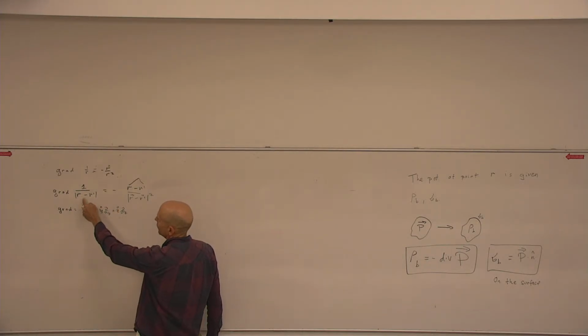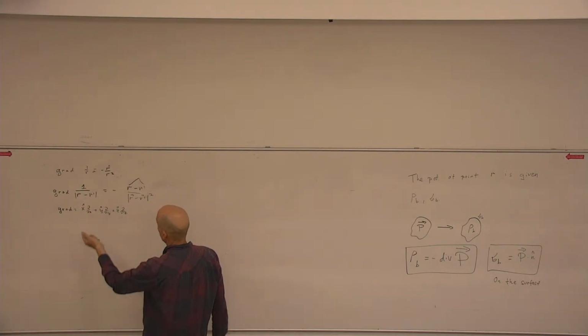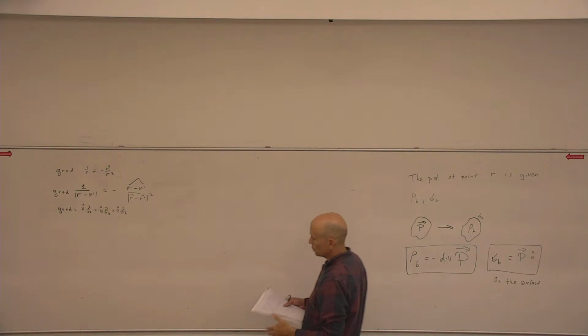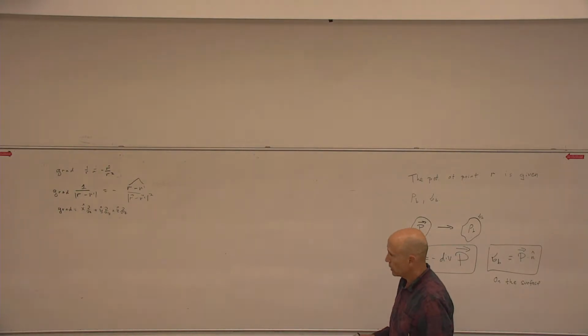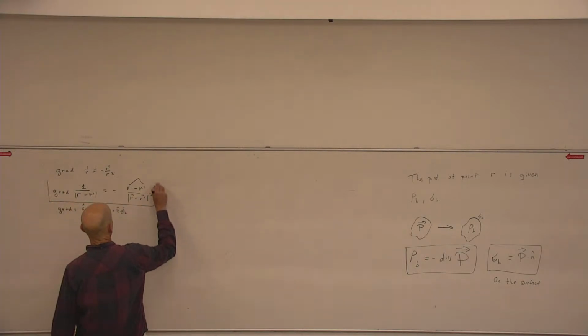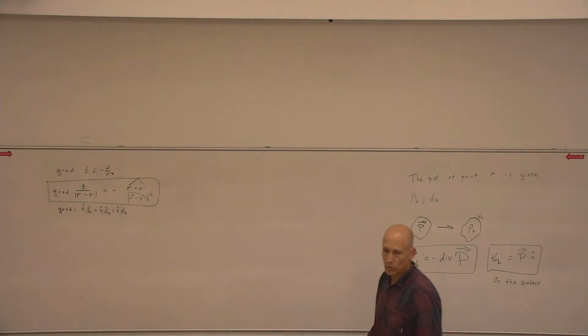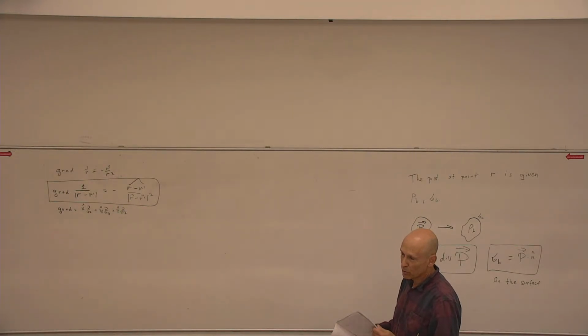Then the absolute value of r minus r prime is the square root of (x minus x prime) squared plus (y minus y prime) squared plus (z minus z prime) squared. Then you apply the grad, which means taking derivatives of the function, and you get this. It's very easy to show this, and I leave it as an exercise. It makes sense because you saw it somewhere, and if you don't remember, then I claim you saw it, but you don't remember.